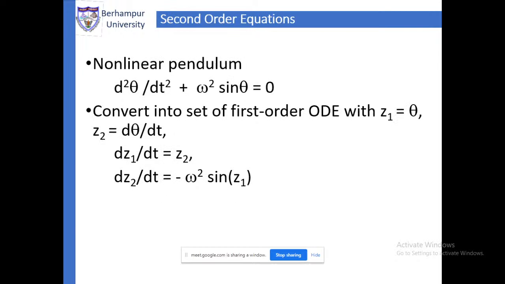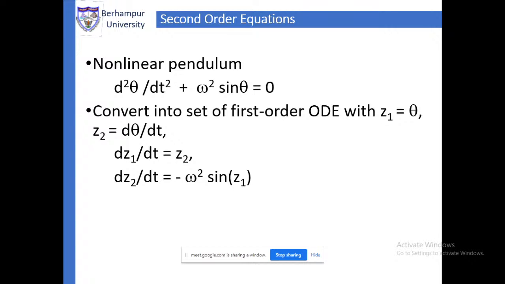And then you can have a second order equation. For example, a nonlinear pendulum is a second order equation: d square theta by dt square plus omega square sine theta is equal to 0. To solve this, the first thing is to convert this to a first order ordinary differential equation. Take z1 is equal to theta, z2 is equal to d theta by dt. Then d square theta by dt square, you can write as d by dt of d theta by dt.